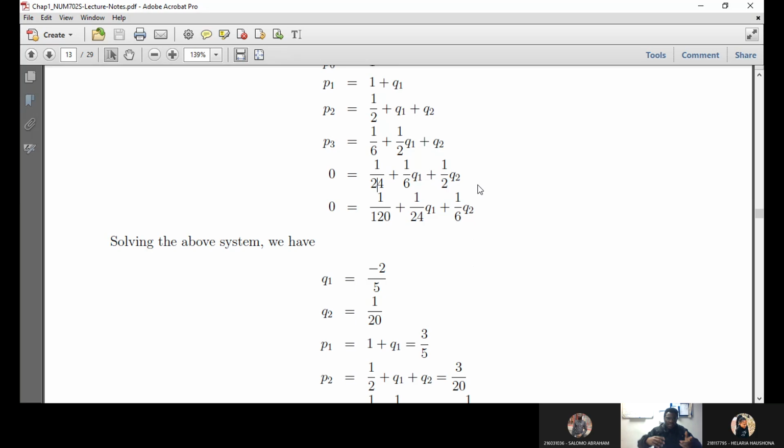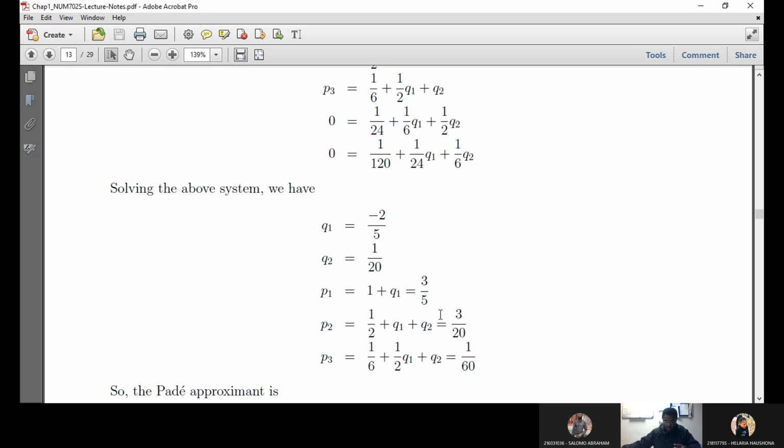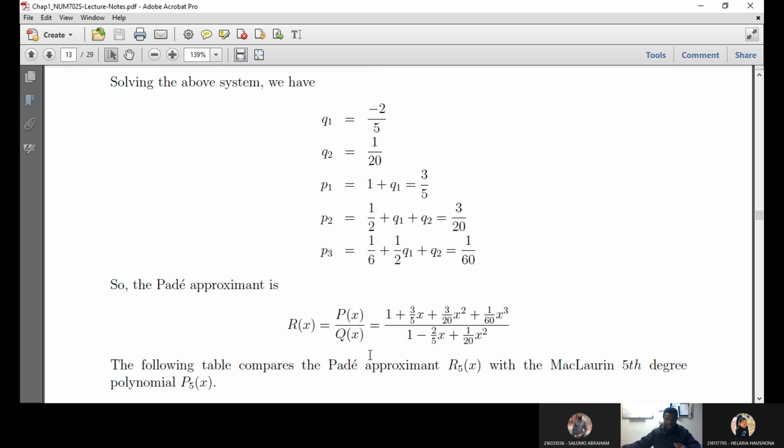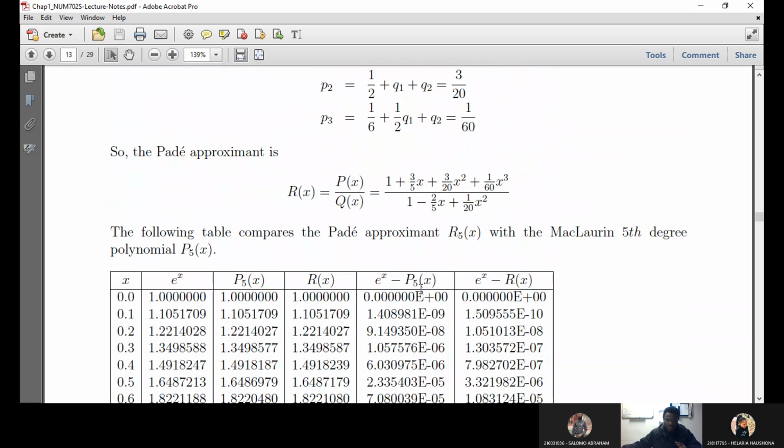So we first compute the Qs, and then we substitute back into the expressions of P1, P2, P3, and we get the result. Okay, now, this is what we obtain.